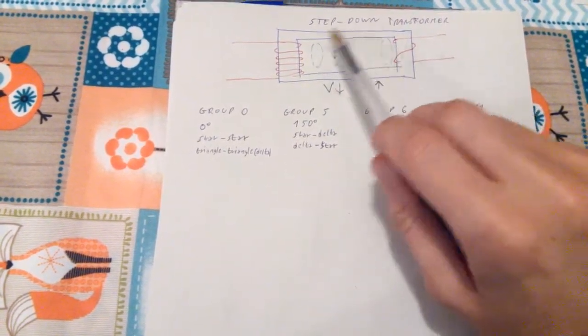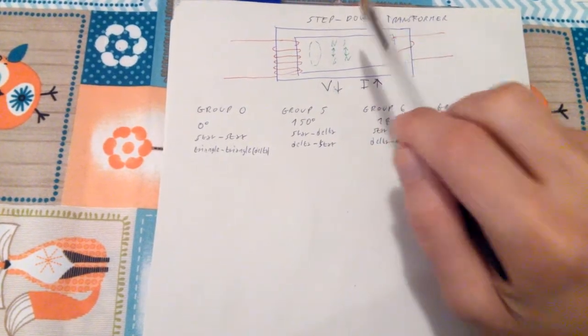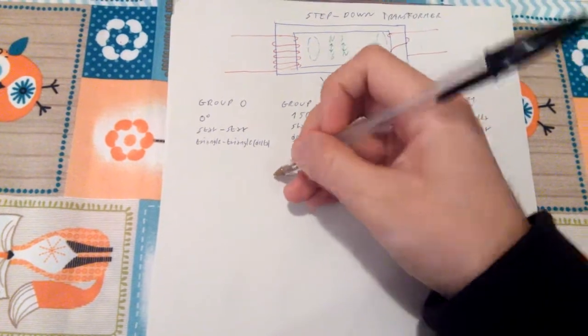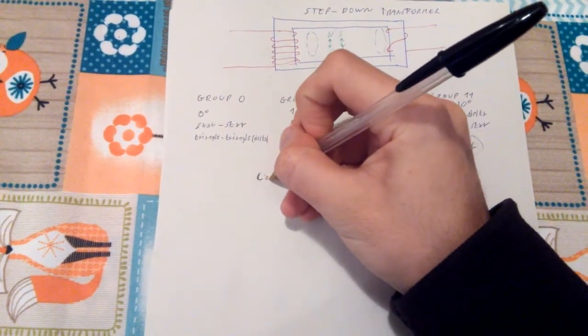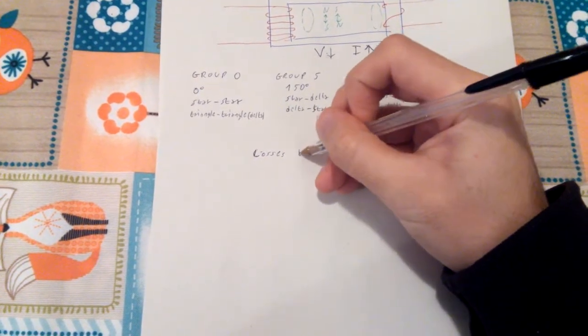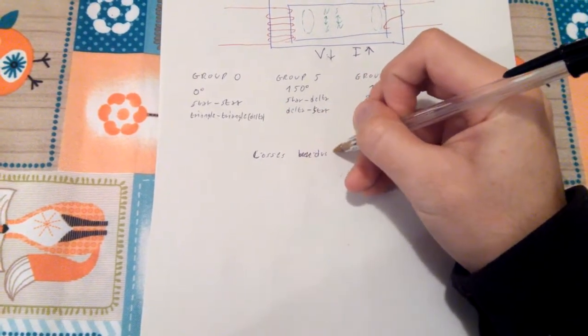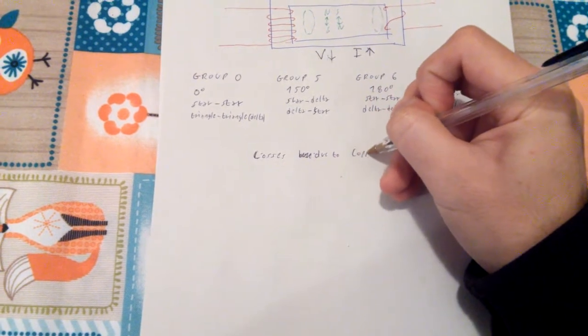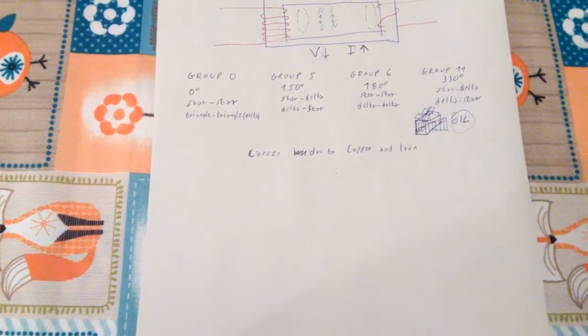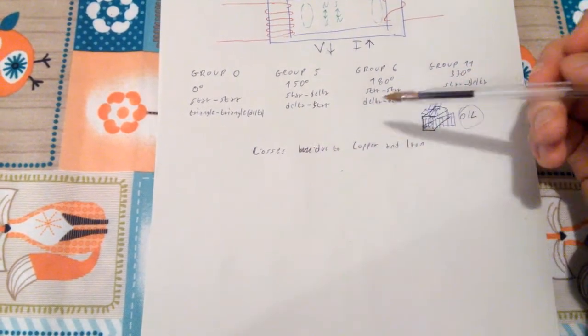But inside the transformer, we are also going to have losses due to copper and iron. Why do we have losses?